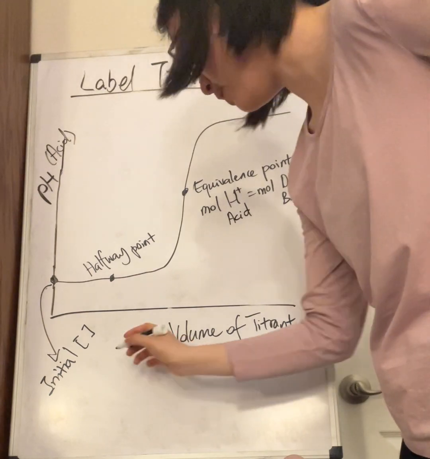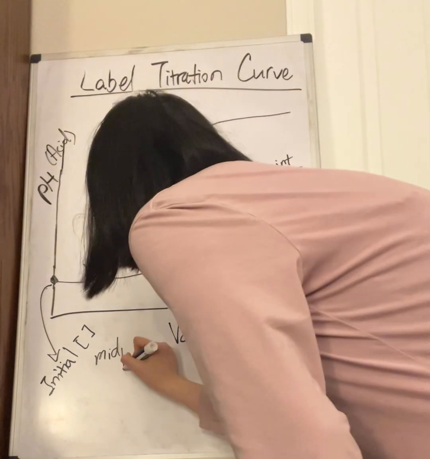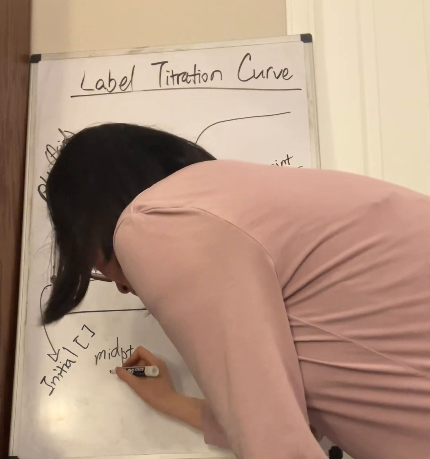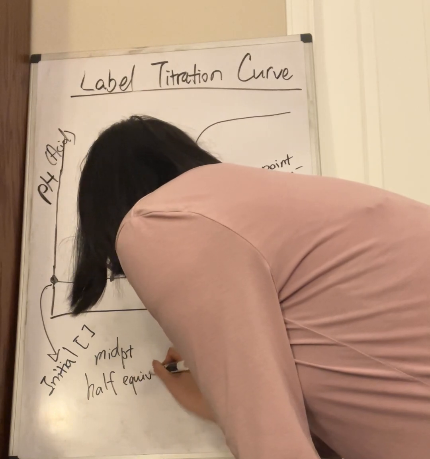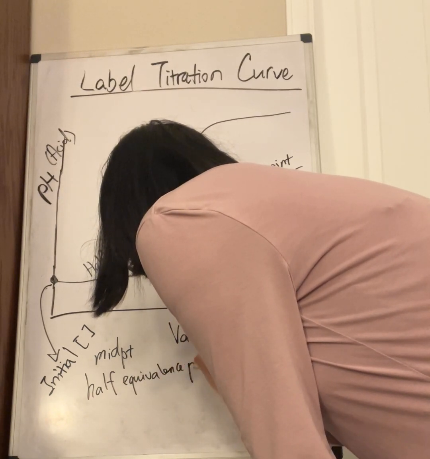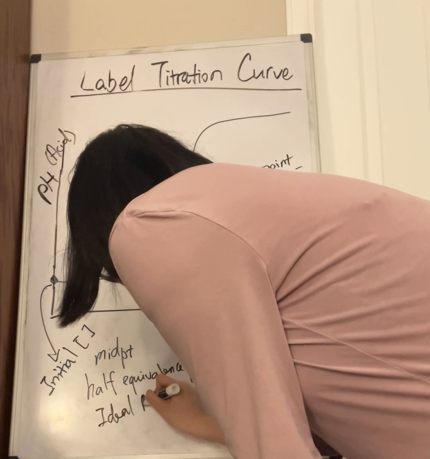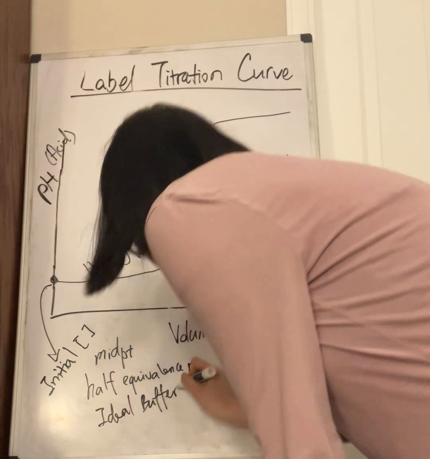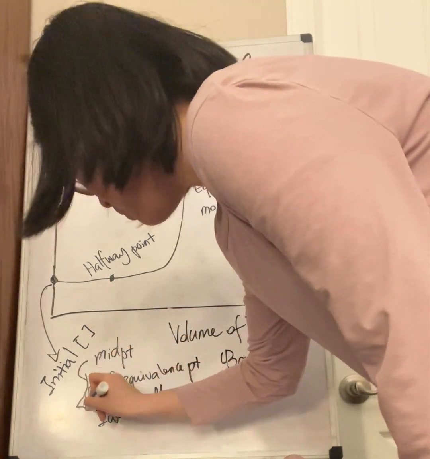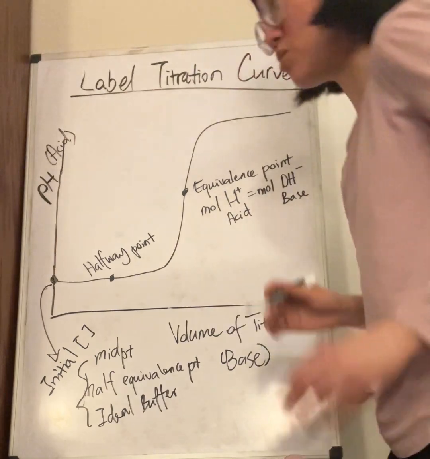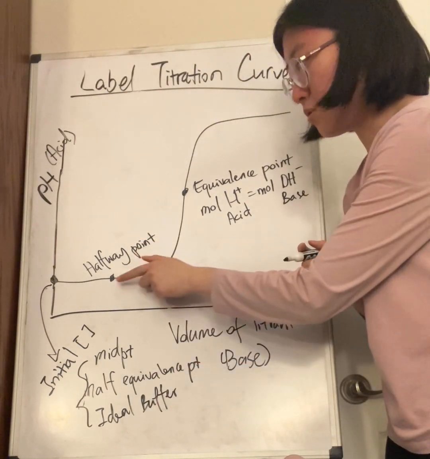These terms will mostly be midpoint, half equivalence point, and also ideal buffer. I just want you to remember that these terms are very common, and you'll see them on your test, so don't be afraid of them. They all mean the same thing. They all mean this point, okay?